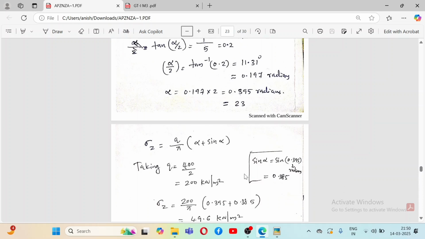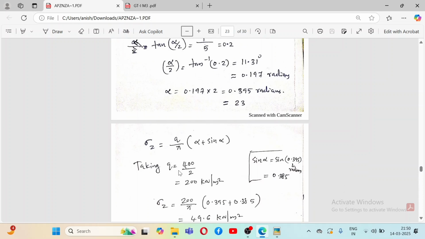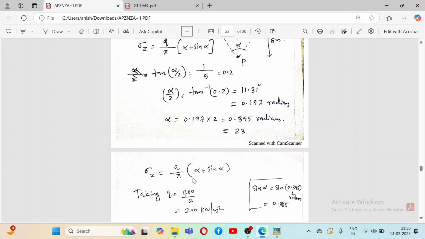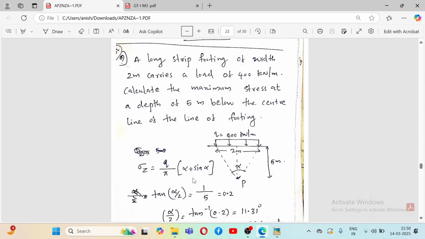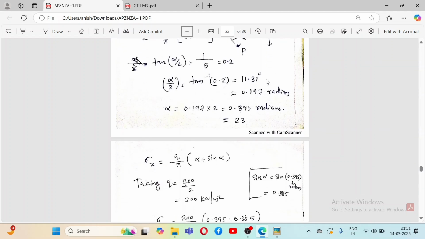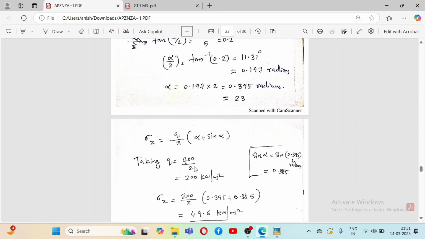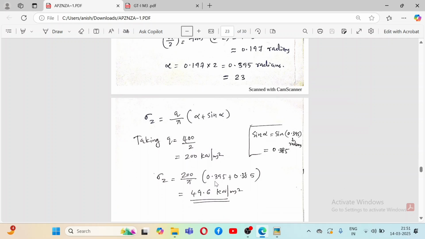Okay, so taking q is equal to 400 divided by 2. Why is it 400 divided by 2? Because we want the load in kilonewton per meter square, but we have the given load as 400 kilonewton per meter. So to convert it to meter square, we divide it by 2, then we get 200 kilonewton per meter square.